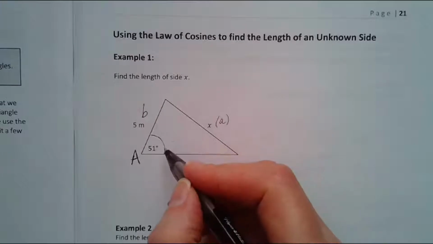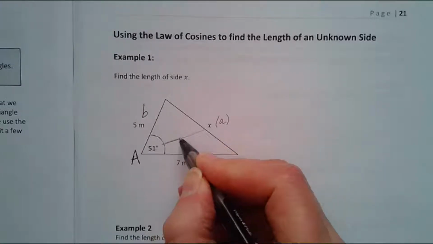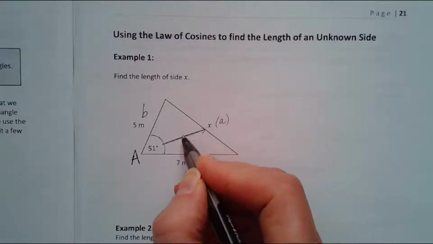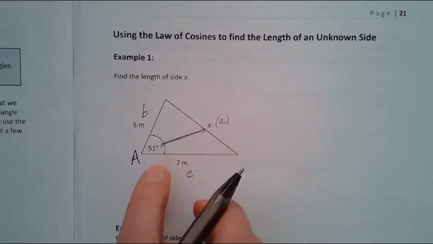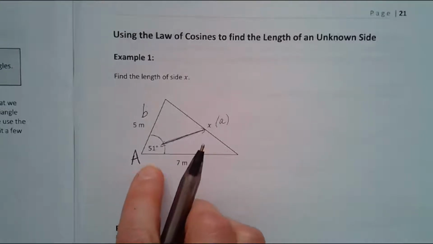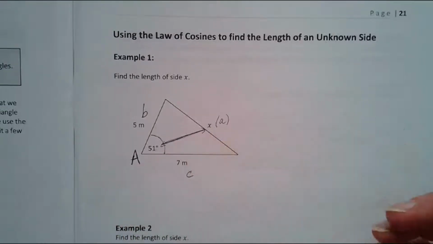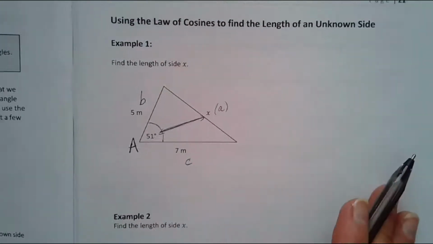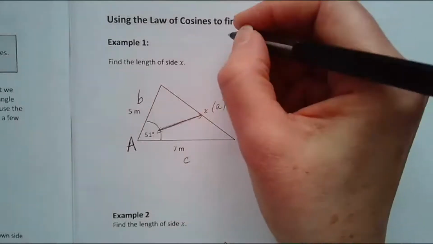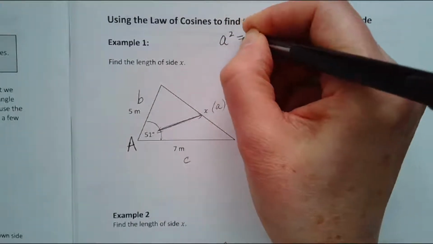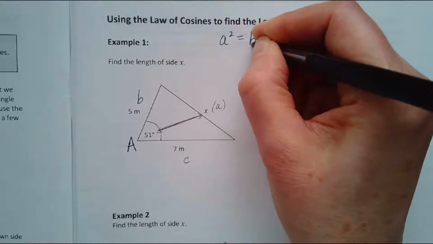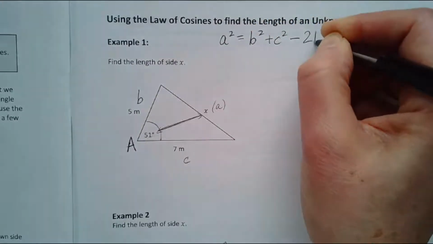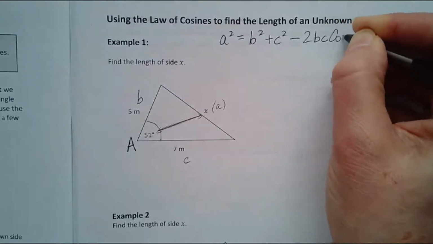The only thing that really matters is whatever side you're looking for with the law of cosines question. If you're looking for side X, that means you do know the angle given. There's one angle given, and the partner of the angle given is the side you're supposed to find. So I'm just going to record the law of cosines up here again. The law of cosines says a squared equals, when you're solving for x, b squared plus c squared minus 2 times b times c times cos of a.